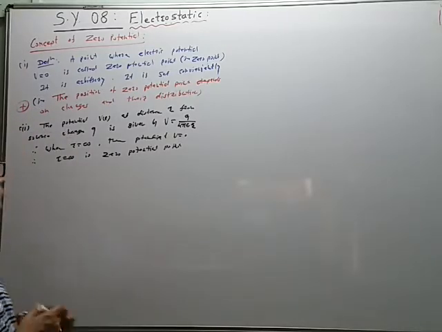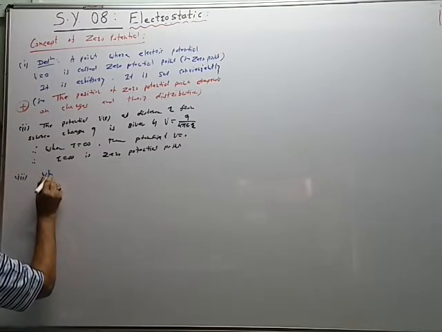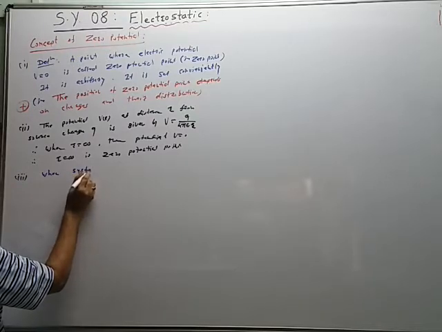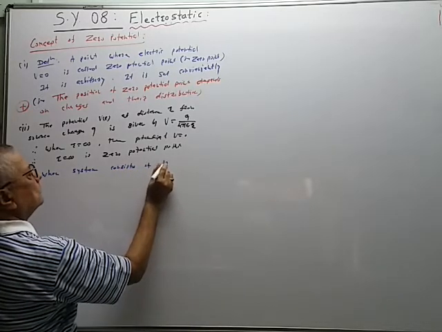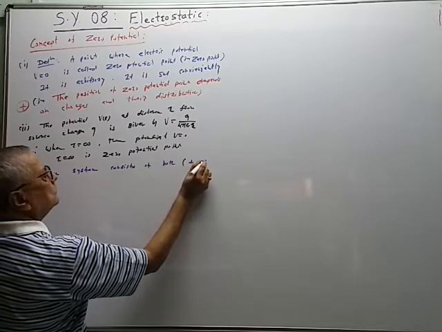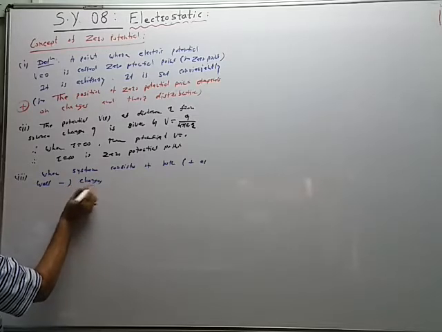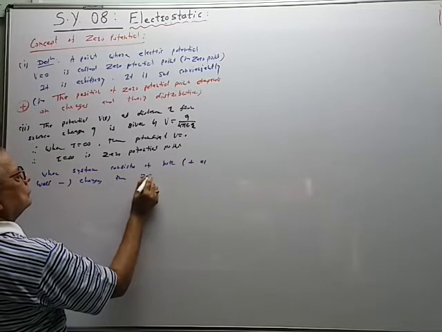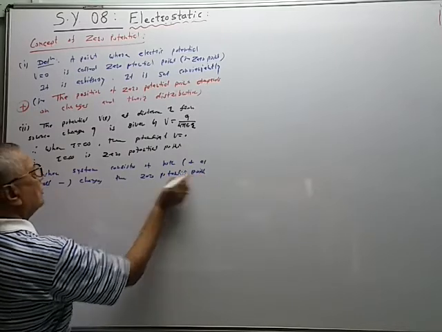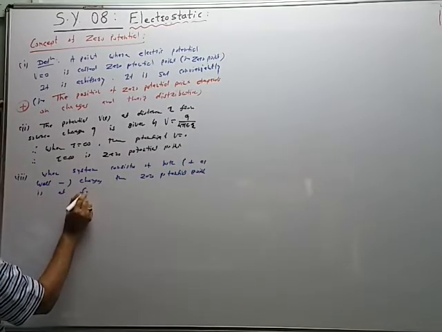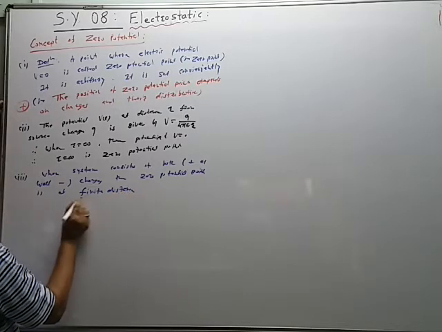Third case, when the system consists of both positive as well as negative charges, then zero potential point is at finite distance.